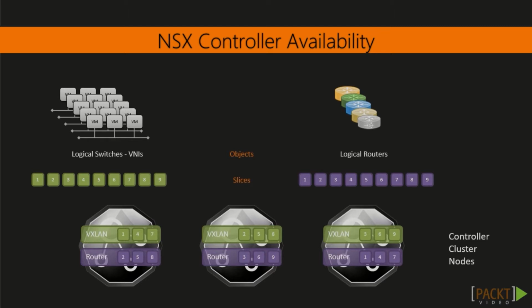As you see, we display only 3 nodes because this is the only supported number of NSX controller nodes for NSX for vSphere. For each role, so we have 2 roles over here, the VXLAN role and the router role, one of the 3 controller nodes is the master. The master is responsible for having a consistent configuration across the different nodes.